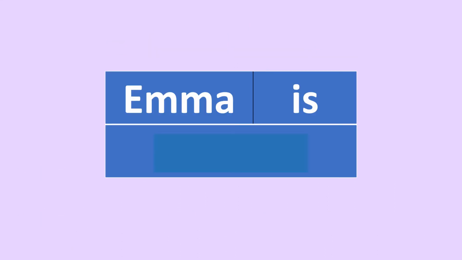So the first question is, what is a contracted form? Well, in this example, we've got two words. We've got Emma and is. Emma is a name, so it's a proper noun. It needs a capital letter. Is is a verb. It's a form of the verb to be.